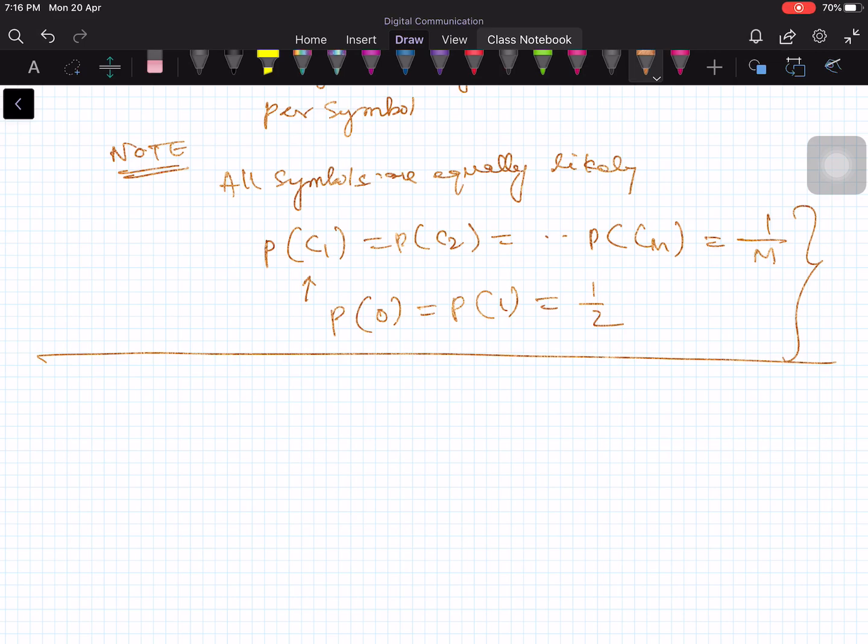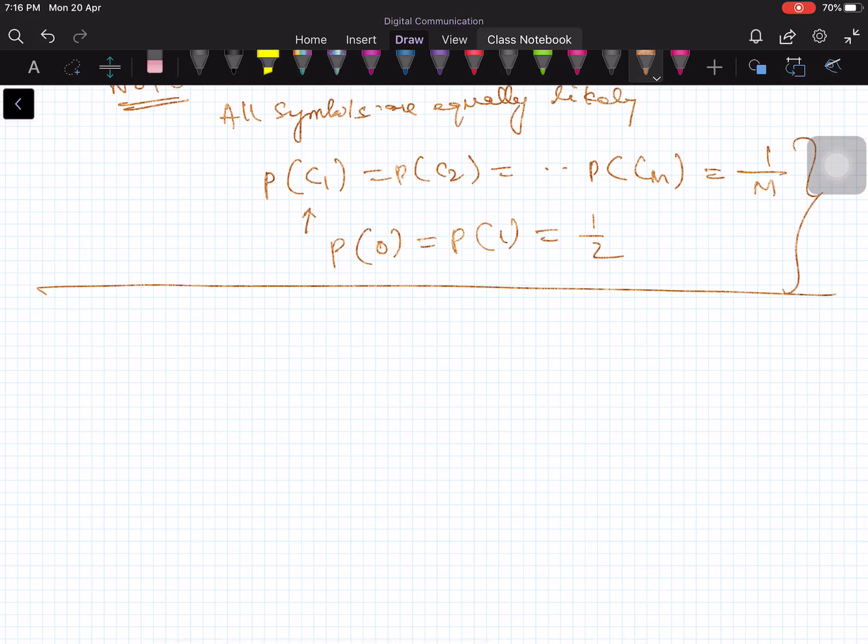So I cannot say energy per symbol, it will not make much sense. To make more sense, what we can say is how much energy you are going to transmit for one bit. Therefore the next parameter is average energy per bit. This is a very easy attribute to calculate.